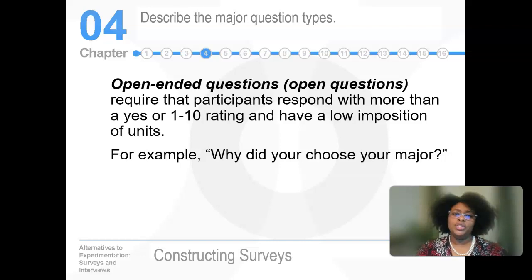An open-ended question requires that the participants respond with more than one response, or a yes or no, or a numerical value. For example, why did you choose your major? If you ask the question, why did I choose my major? You can explain more in depth. I chose my major because, and then answer the question with a broader point of view.